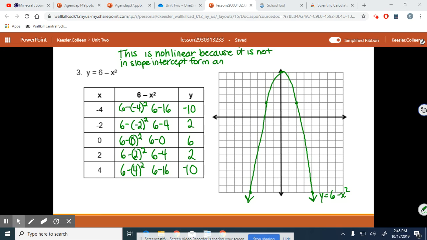And when graphed, it does not form a straight line.